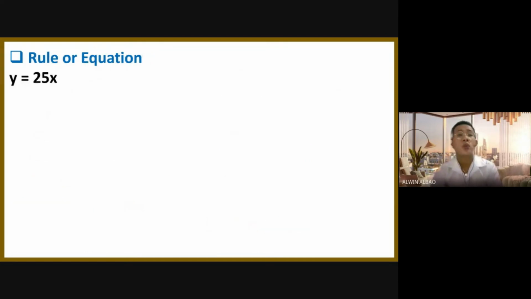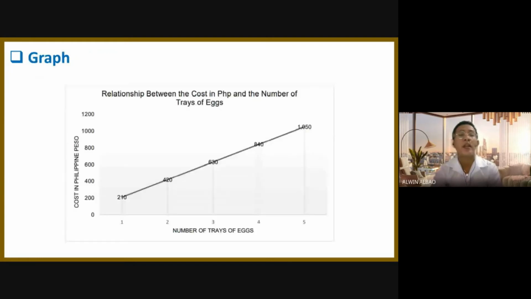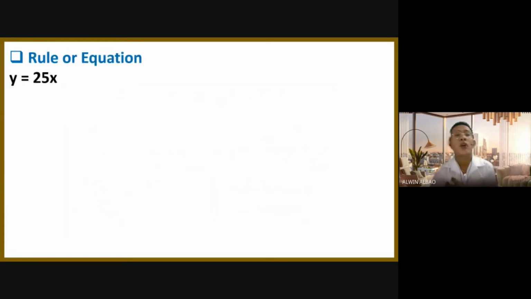Now, what about rules or equation? So, paano natin kinukuha yung domain ng rules and equation? So, para makuha natin yung domain and range ng rules of equation, magsaset tayo dyan ng values ng x. So, for example, we have y here. Let x equals 1. So, y is equals to, substitute natin, 25 multiplied by 1. So, y is equals to 25.